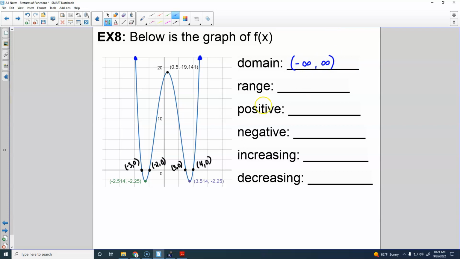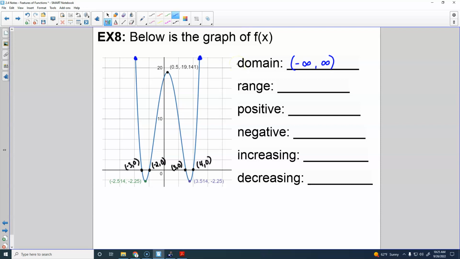The graph is pretty steep, but whenever you see something like this that's got curves like this, unless they have put it in a dotted line to let you know, this is probably going to be all real numbers, negative infinity to infinity.